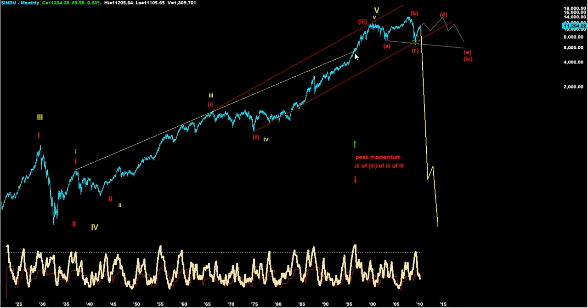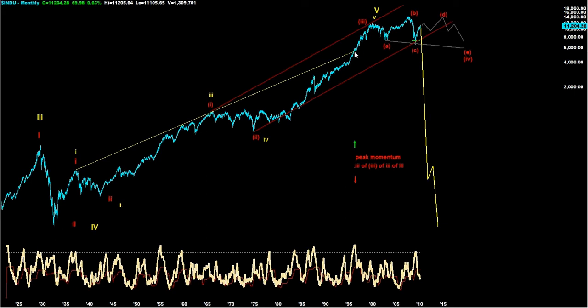Now, to my way of thinking, if your target, and I put that in quotes, is exceeded by 9,000 Dow points, in this case about 160%, perhaps there's something wrong with the target. And my thinking is that indeed this isn't a 1, this isn't a 3, and this trend line really isn't valid.